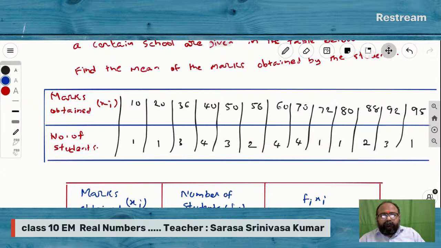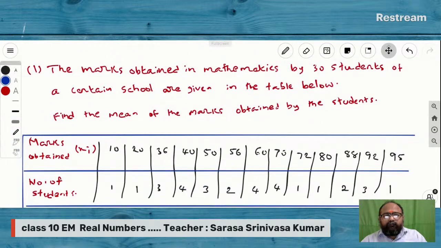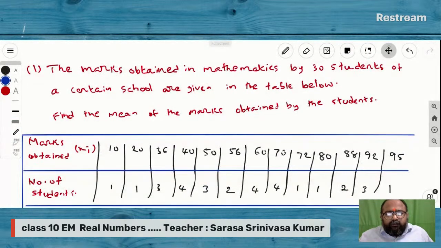In this problem, the marks obtained in mathematics by 30 students of a certain school are given in the table below. Find the mean of the marks obtained by the students.